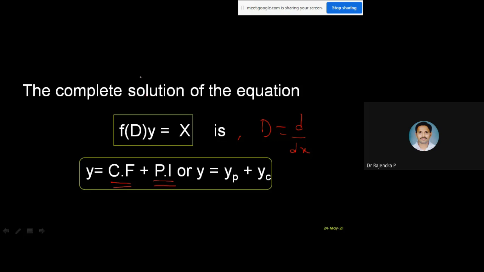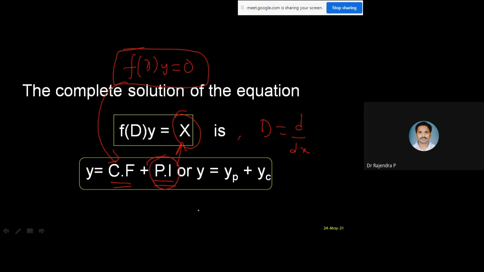The first one is if I consider f of D into y is equal to 0, without considering this x, I get the solution that is your complementary function. There are three cases we discuss. And if we consider the x, if we solve the equation, we get the particular integral. That I'm also going to introduce.